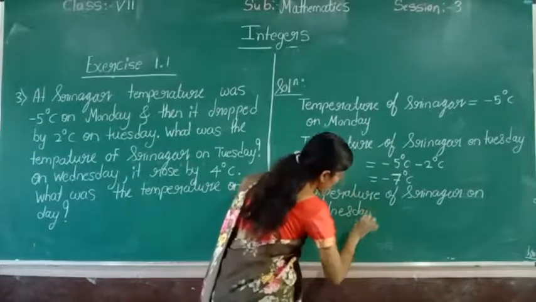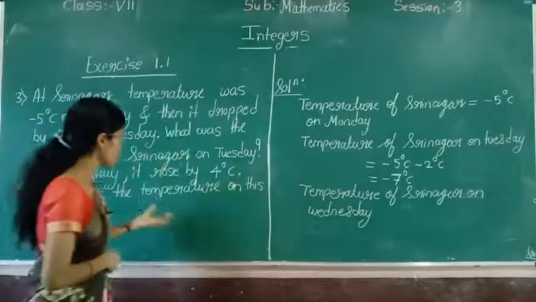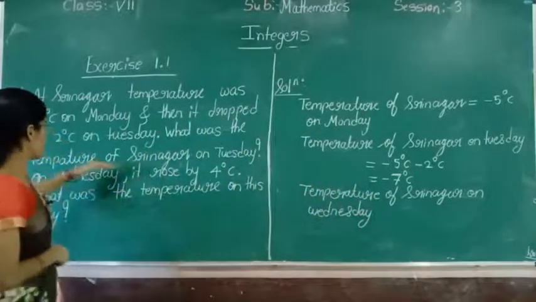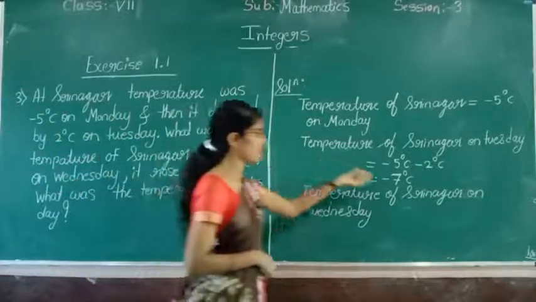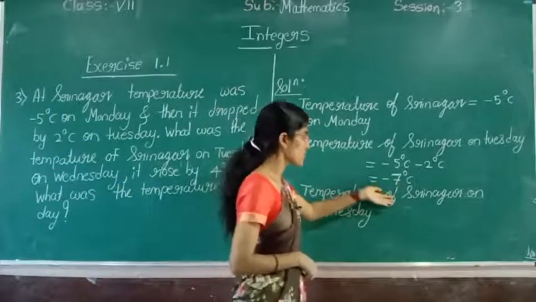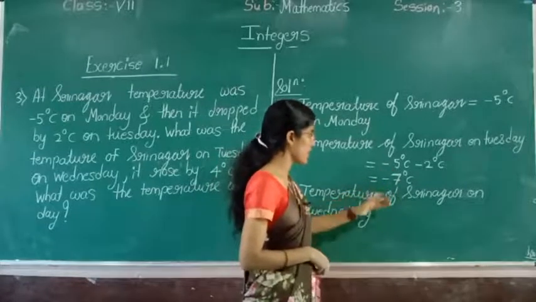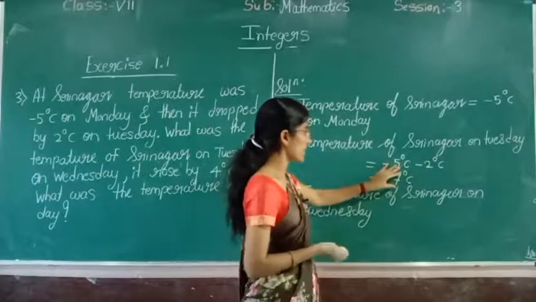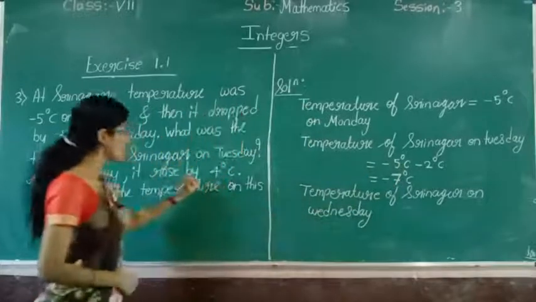On Wednesday, what they given the condition? They told that Tuesday temperature was minus 7 degrees Celsius, right? When the temperature we will discuss for Wednesday, compared to Tuesday, it has been increased by 4 degrees Celsius.